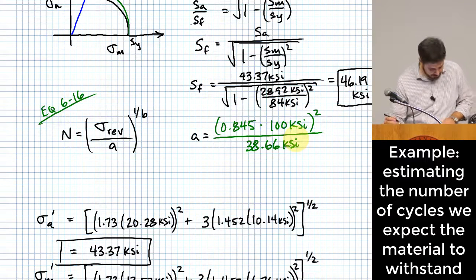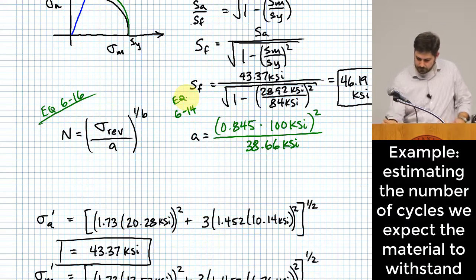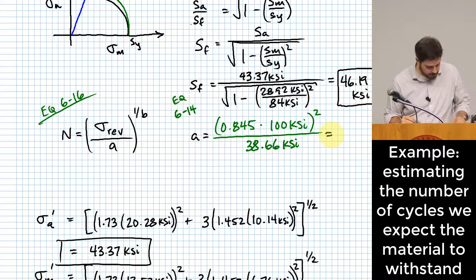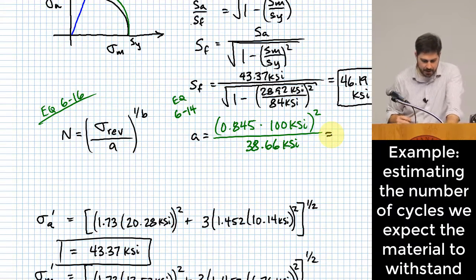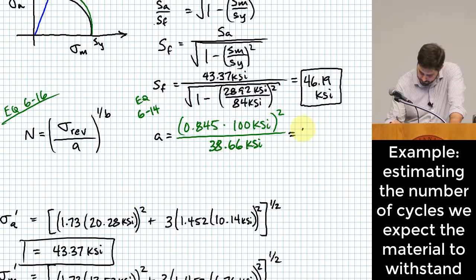This is equation 614. That expression gives us 179.18 KSI. That's my A coefficient.